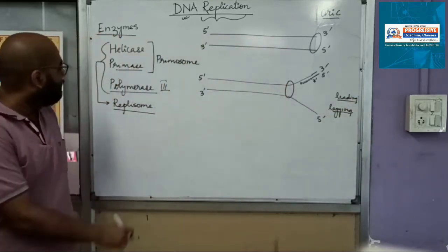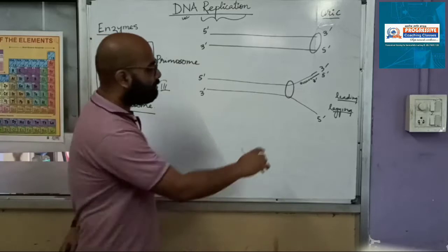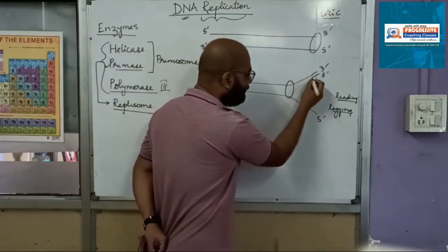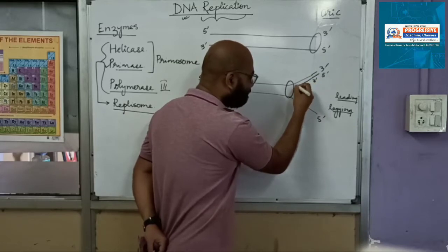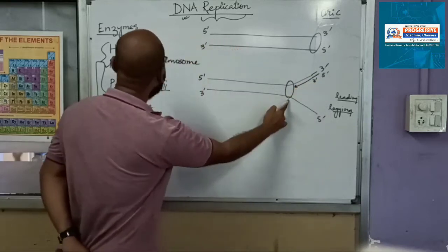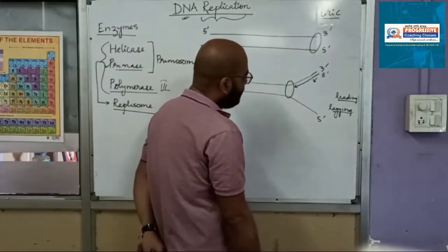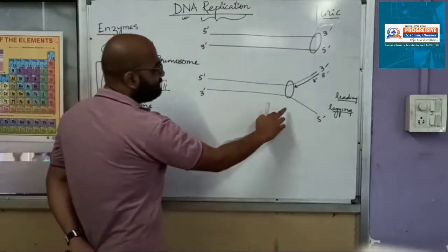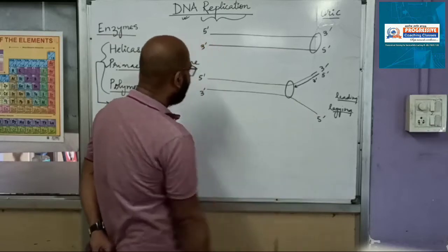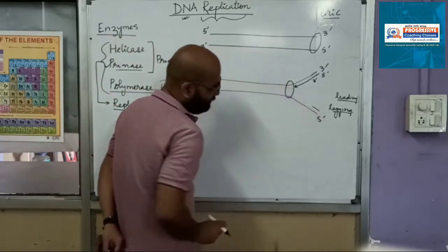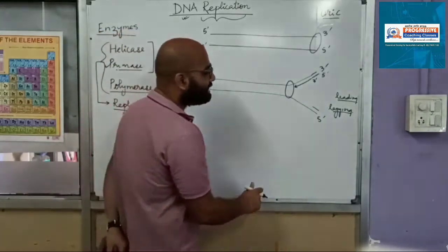The point is that when primase makes the primer in one strand, it can synthesize the strand in this direction up to the point where helicase has opened the DNA strands. But if you see the primase for the other strand, it cannot make the primer sit here. Even if it sits, there is no significance.